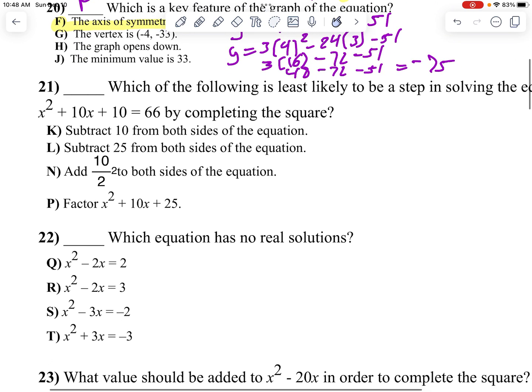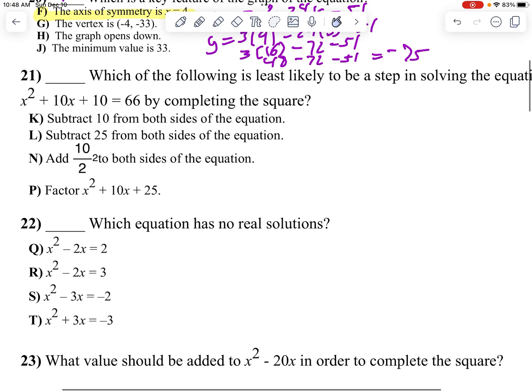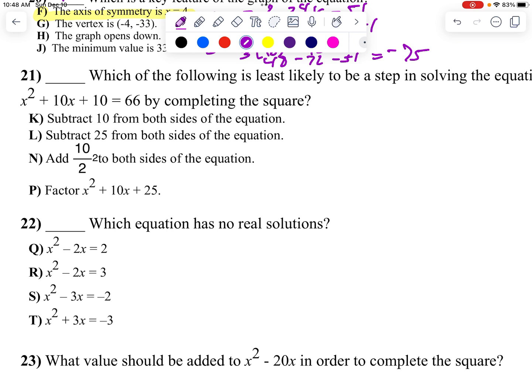Now if we take a look at number 21, which one of these would be the least likely step in solving the equation by completing the square? Well, I would subtract 10 from both sides. So if I subtract 10 from both sides, let's write that down.